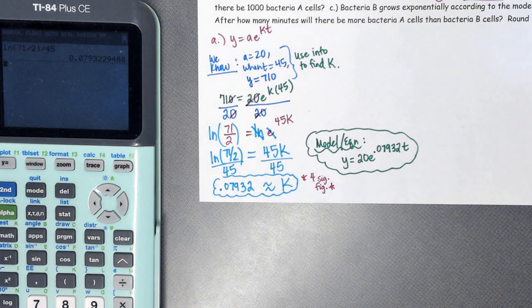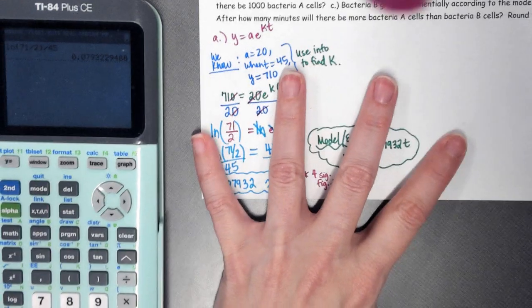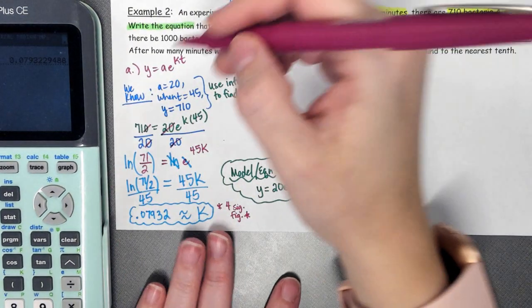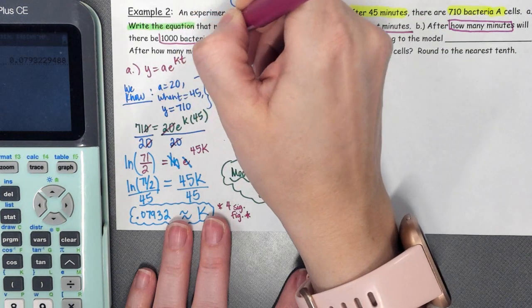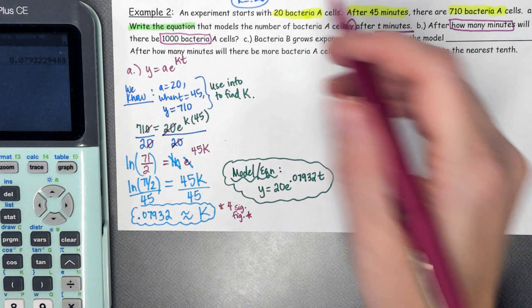And then for B, it says, after how many minutes will there be 1,000 bacteria A cells? Anytime they are asking how many minutes, you know that you're going to have to find T. One thing we've been talking about with the story problems is I like to find a way to annotate the information I need.